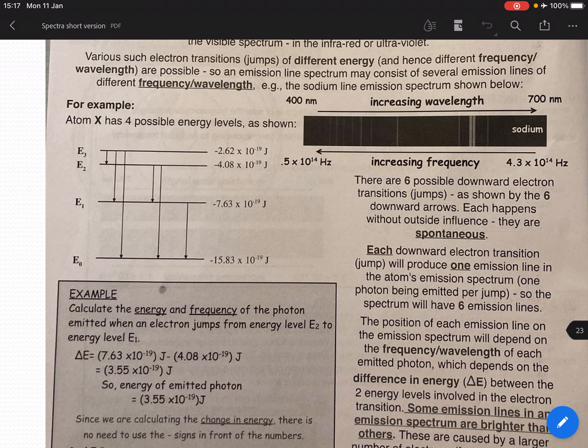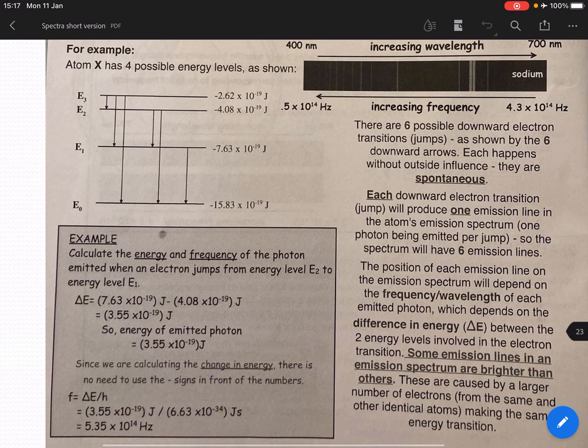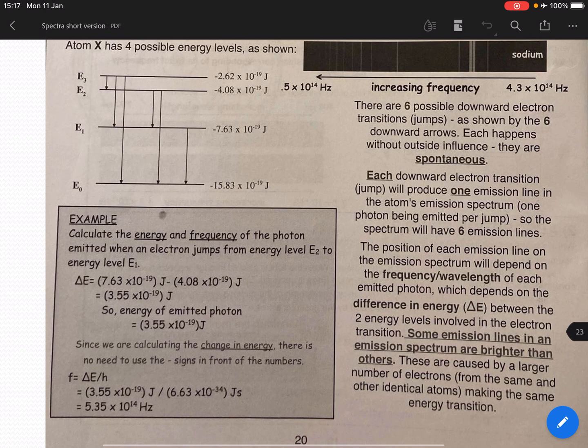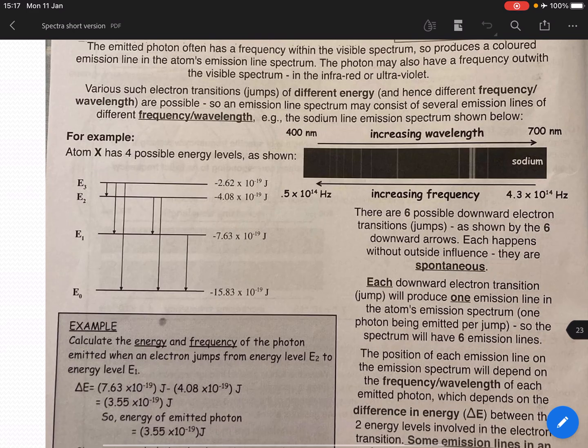But that one there with its 6 lines, that means that on the emission spectra of that element, there would be 6 lines on there. Okay, some of them will be brighter than others depending on how much energy there is. So if there's lots of electrons, either from that atom or from another one of the same element, then your line is going to be brighter.